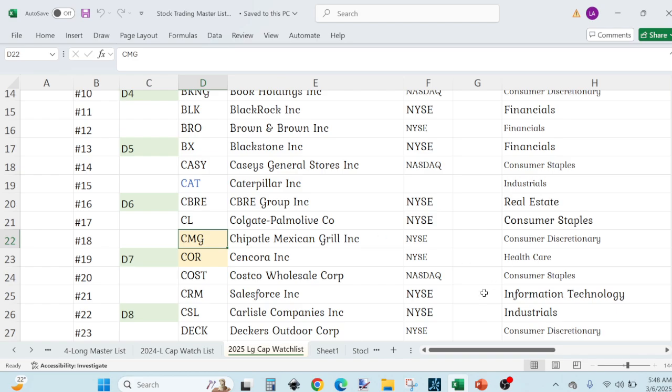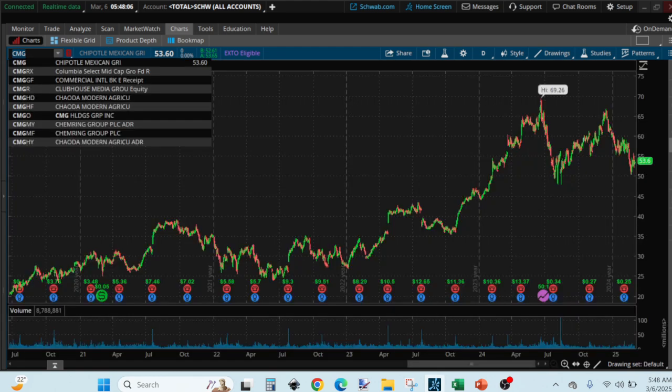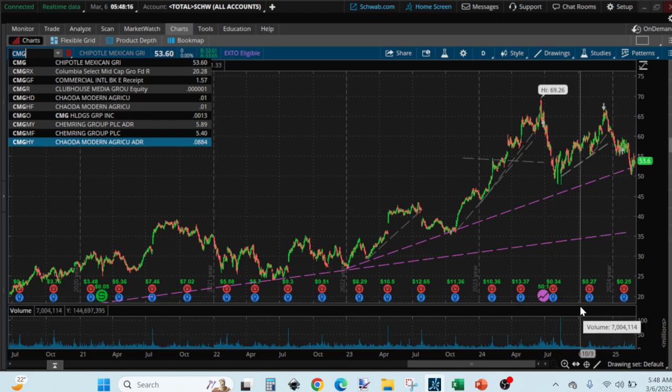So the next one is CMG. We purchased it this year. And by the way, we are doing stock daily chart analysis on March 6, 2025 to see how they performed on March 5th, 2025.